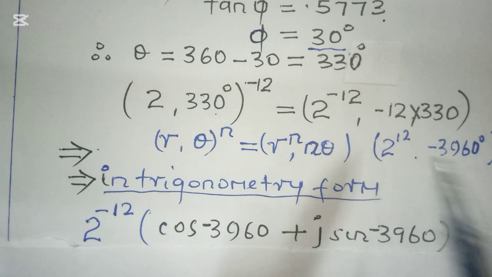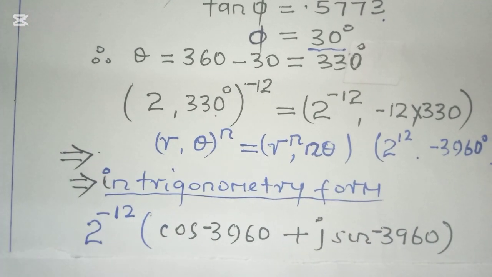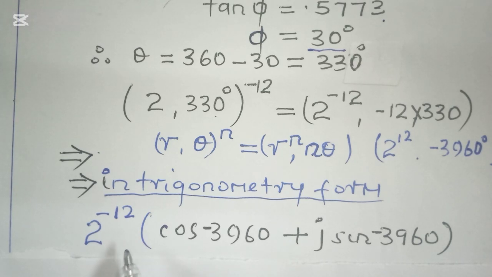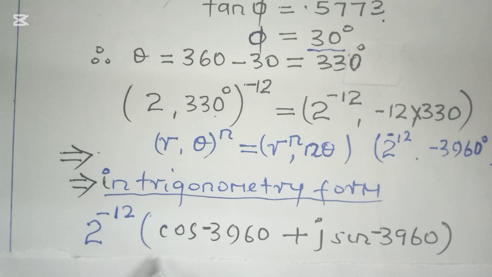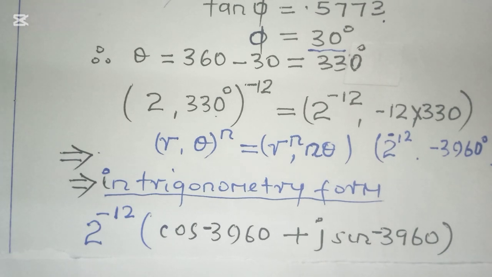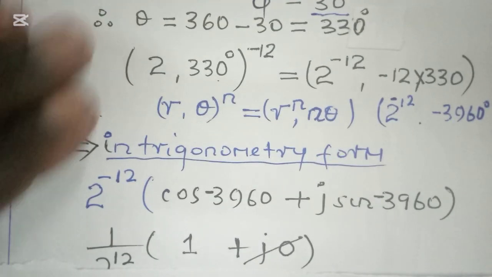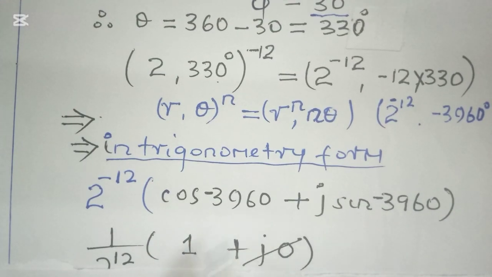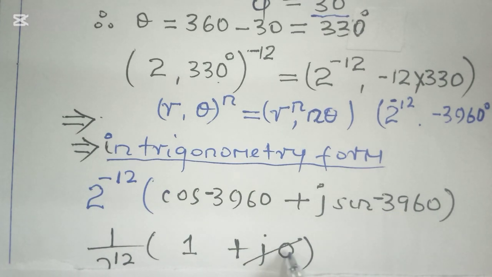So now we write this in trigonometric form. The complex number in trigonometric form, we shall have 2 raised to negative 12, open the bracket, cos negative 3960 plus j sine negative 3960. Going to our tables, we shall have cos negative 3960 as 1 and sine negative 3960 degrees as 0. And so therefore we can remove that.